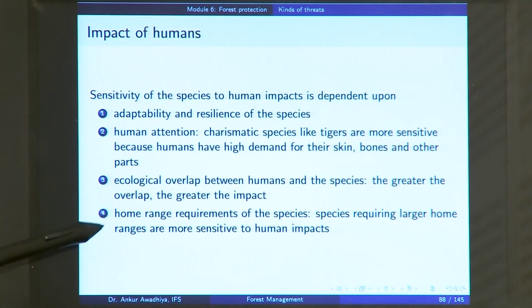And species that require larger home ranges are more sensitive to the impacts of humans, because they require larger areas, and if humans, say, encroach upon half of that area, then because their requirement is more, they will not be able to get those large chunks of forest and the species will die off.